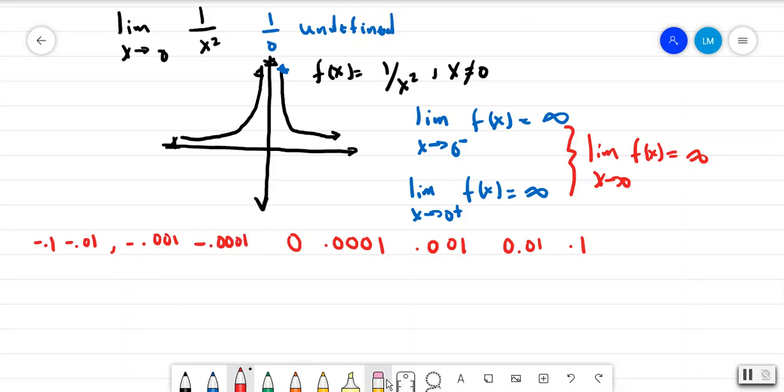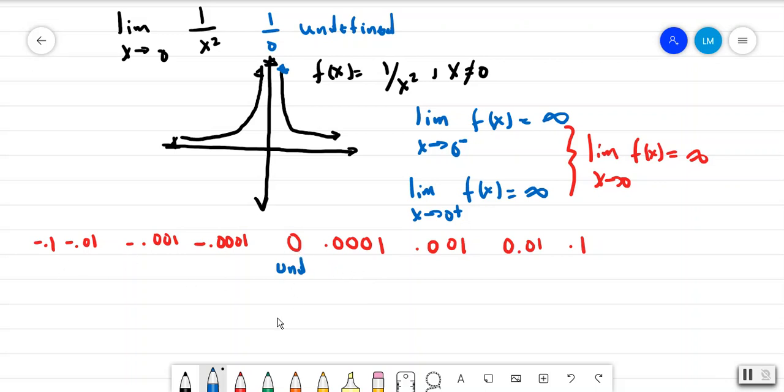Basically, you'd just be plugging these values into the equation. We know that it's undefined at 0, but the question is what it is from the left and the right.